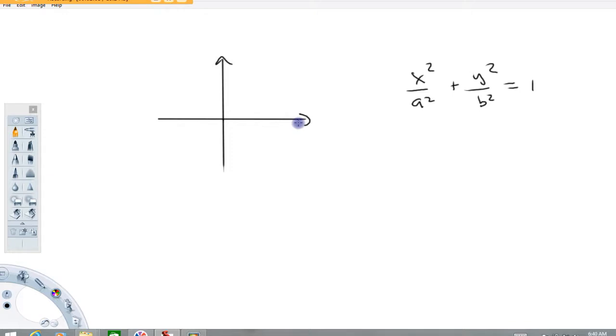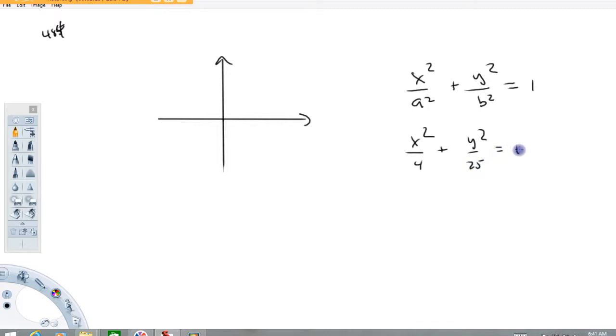The examples I'm going to look at are on page 484 in your college algebra textbook. We'll take a look at number 4, where it says x squared over 4 plus y squared over 25 is equal to 1.